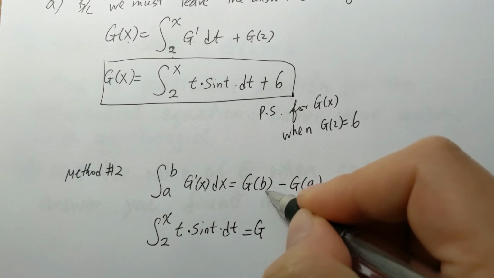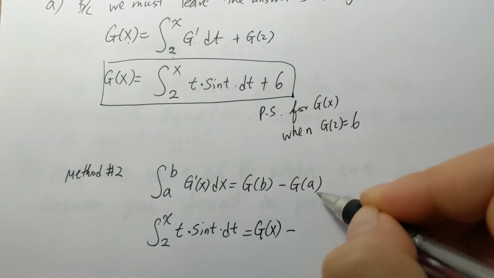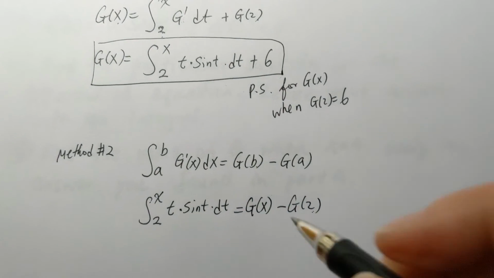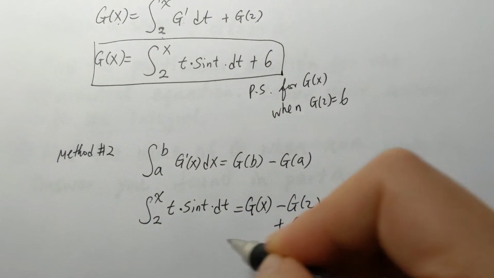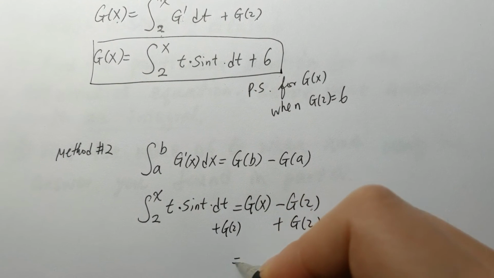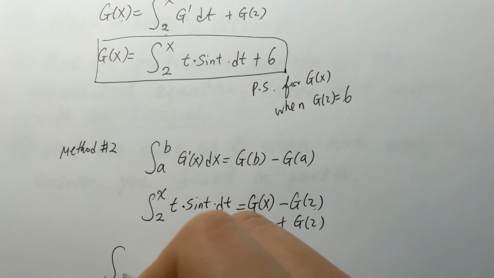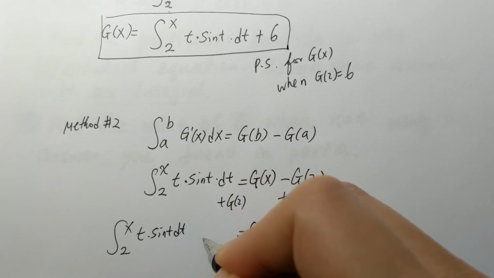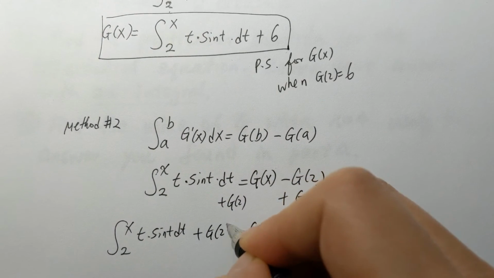And g of b becomes g of x, and this becomes g of 2. And then I add g of 2 to both sides. So I got g of x equals the integral from 2 to x of t times sine t dt plus g of 2.